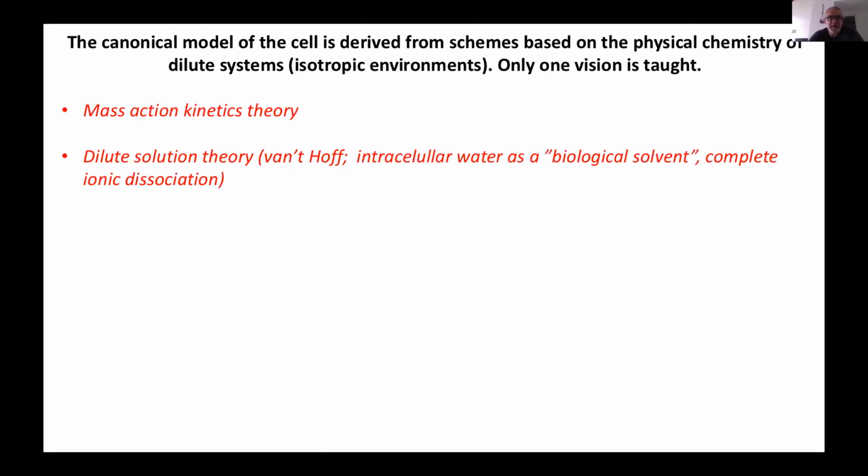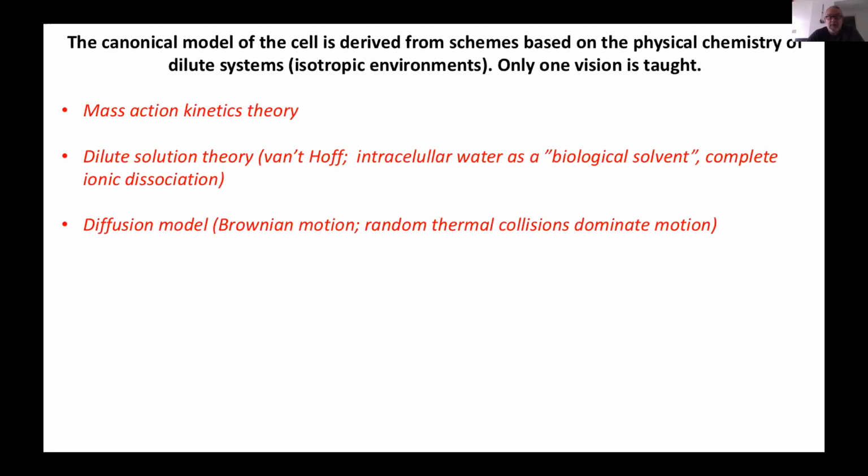And unfortunately, this is the only vision that is taught in most of the courses in cell biology and biophysics. This involves mass action kinetics and dilute solution theory, for example van 't Hoff, where intracellular water is seen as a biological solvent. Also, you consider that inside the cell there is a complete ionic dissociation.